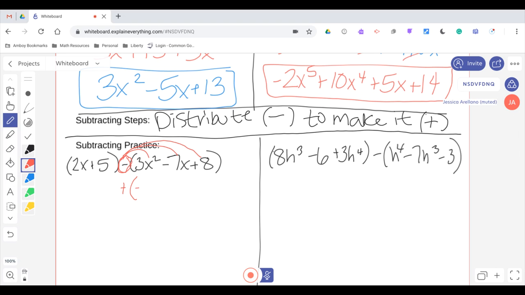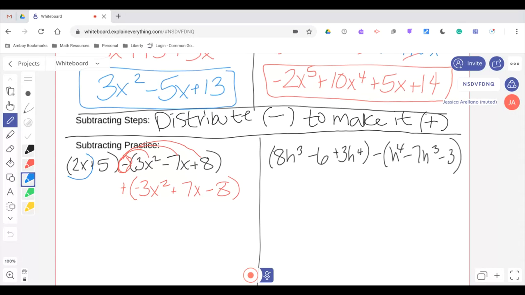So now I have a negative 3x squared, a positive 7x, and a negative 8. Now when I go to combine, I don't have to think, oh, I'm subtracting a negative, or I'm adding a minus, or I'm subtracting a positive. It's less complicated than that. Now I can just go ahead and combine like terms like I normally do.